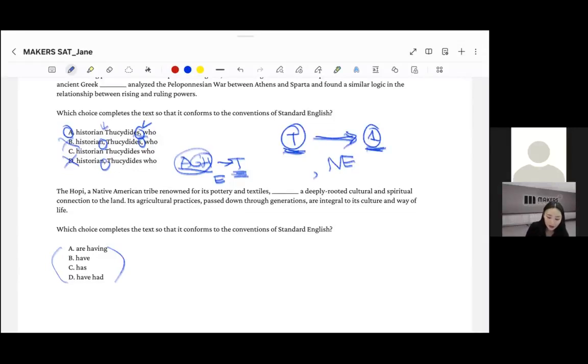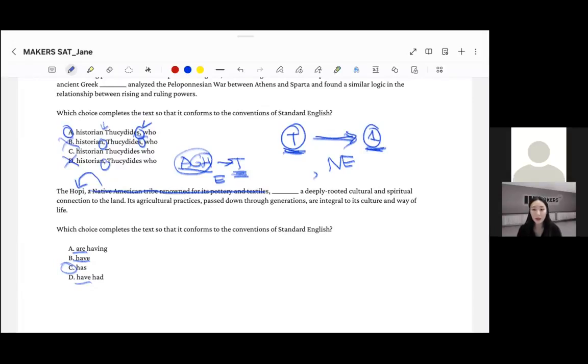Here, a Native American tribe renowned for its pottery and textiles would be non-essential information describing what this tribe is, right? So ultimately, the subject would still be the Hopi, which is a singular collective noun. So we would want a singular verb. And we know that are, have, and have are all plural, making has the right answer.